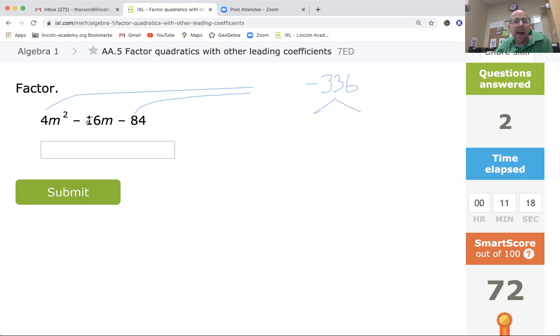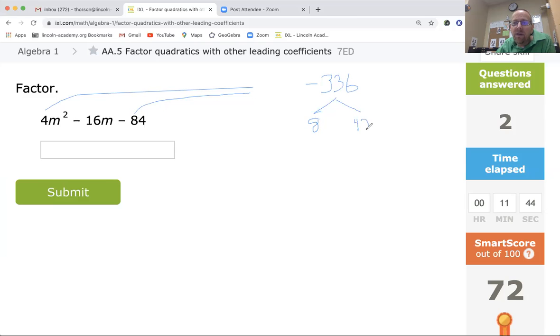Okay, now this is my systematic way of doing things. I know I got that by 84 and 4, but I know those two numbers don't give me negative 16. So what I do is I start moving factors from this one to this one. What I mean by that is I can move a factor of 2 over to here, which means I'm going to do an 8 and a 42.